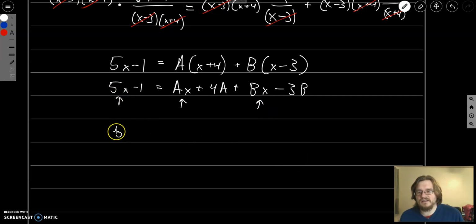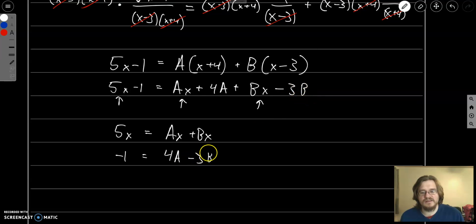So since I have a 5x on the left-hand side of the equation, the ax and the bx on the other side will have to add up to 5x. And then the same with the constant terms. So if I have a negative 1 on that side, I have a 4a, there's no x in there. And over here, I've got a minus 3b, there's no x in there. So all of the constant terms will have to balance as well.